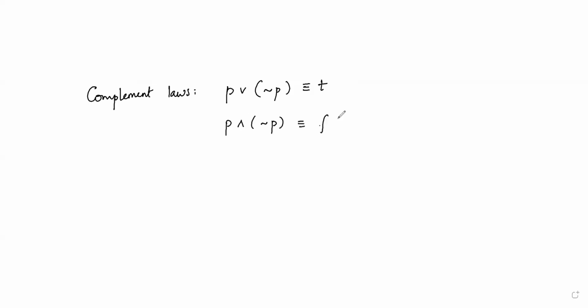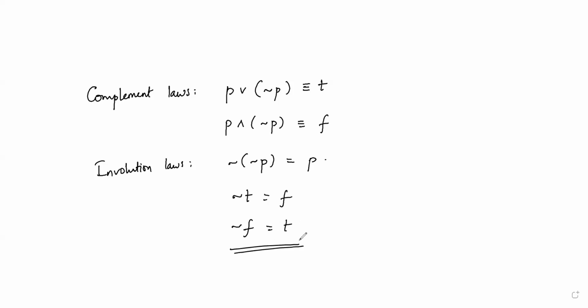Next, complement laws. P or negation of P is equivalent to truth. P and negation of P is equivalent to falsity. Last one, involution law. Negation of negation of P is equal to P. Negation of truth is falsity. Negation of falsity is equal to truth. Okay.